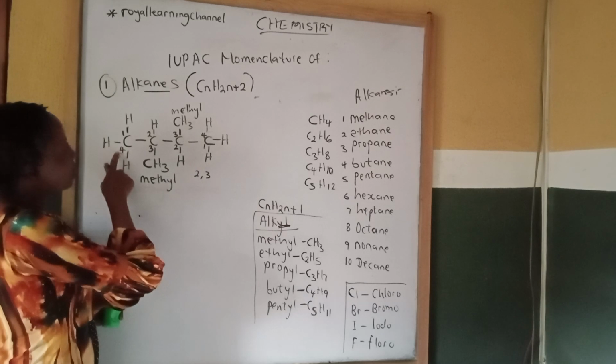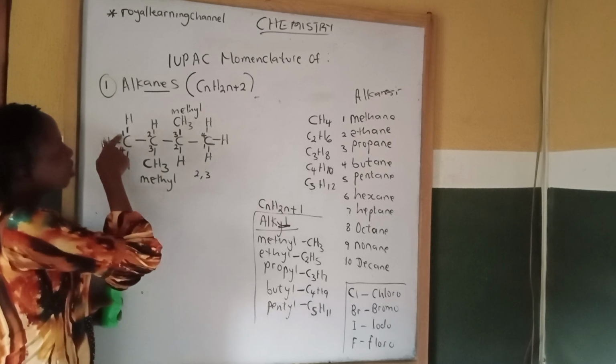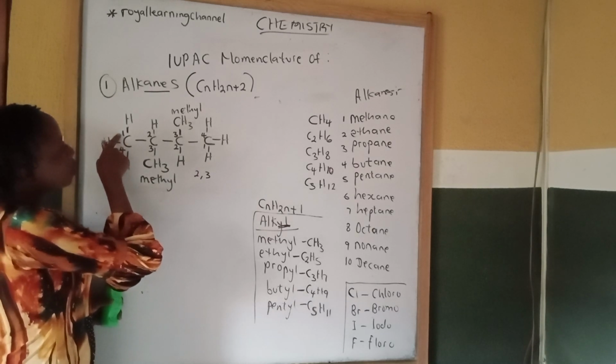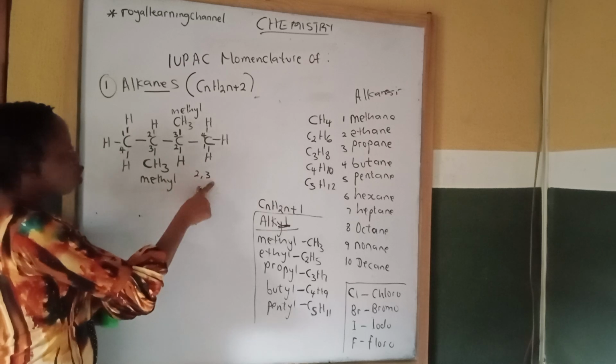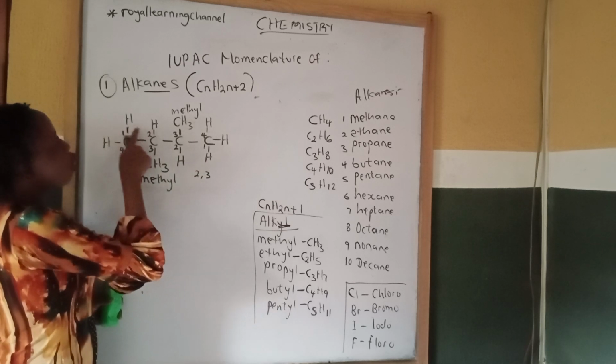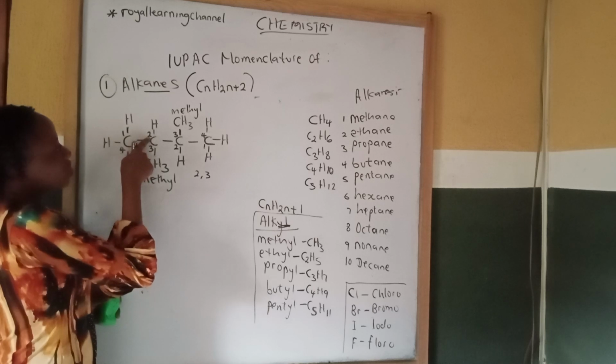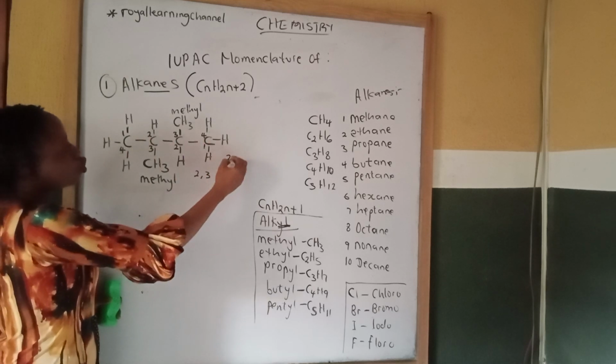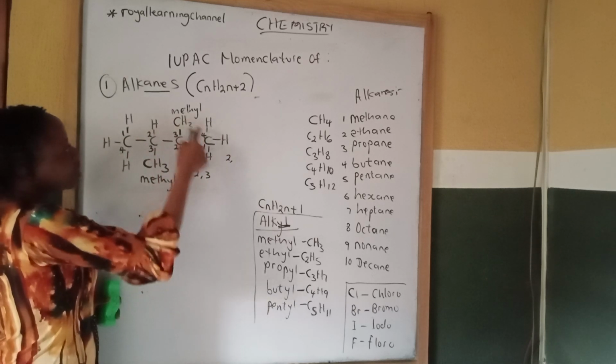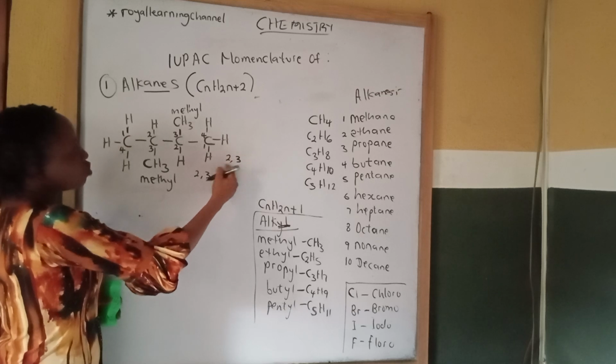But if I number from the left hand side, 1, 2, the first substituent is on the second carbon atom, then the second substituent is on the third carbon atom, 2, 3.